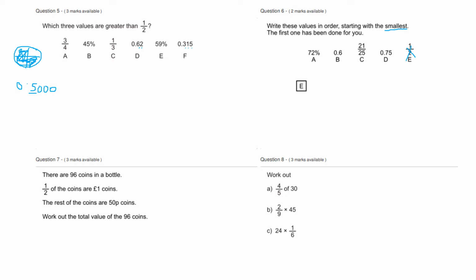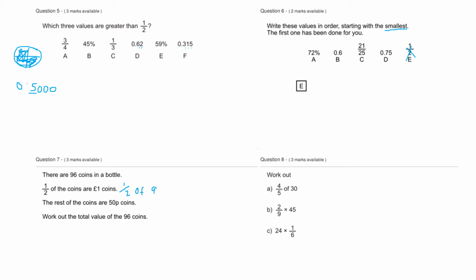For question 7, there's 96 coins in a bottle. Half of them are £1 coins. So start by working out half of 96. The rest are 50p coins.